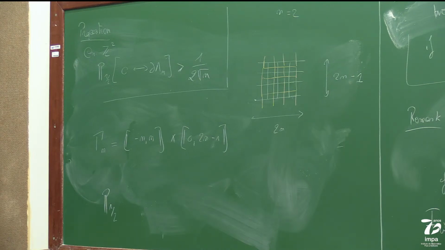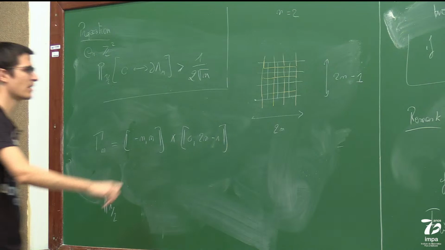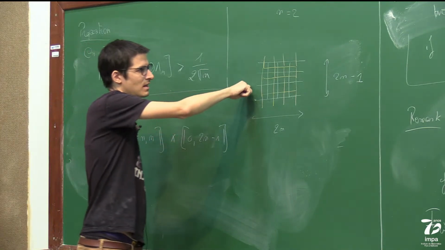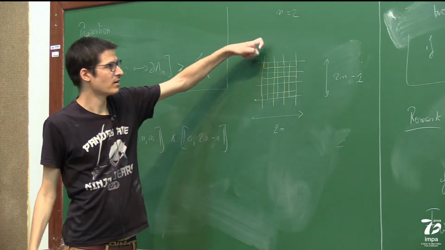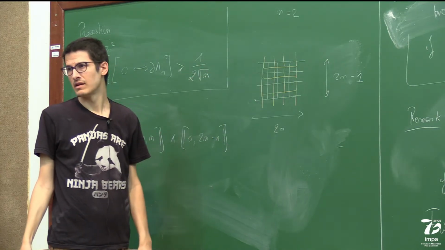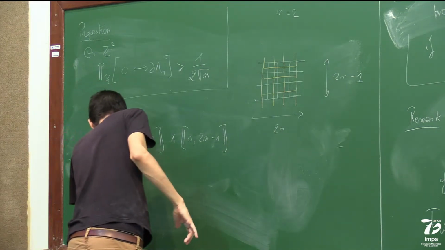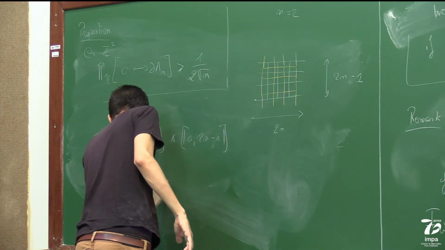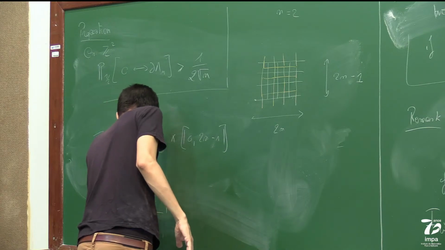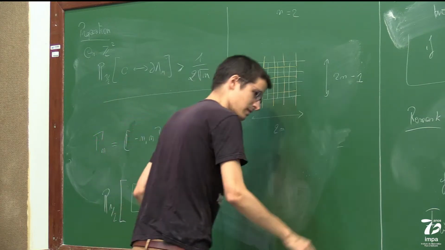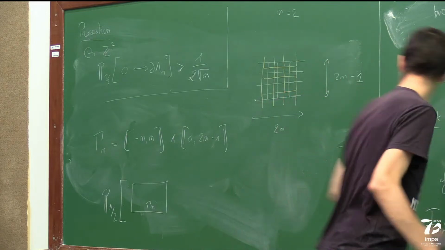Because either you have a crossing from left to right in gamma n, or you have a crossing from top to bottom in the dual. And because the two graphs are isomorphic, this probability must be the same. And because the sum of these two probabilities is equal to 1, each probability has to be equal to 1/2. So this is gamma n, and this is a left to right crossing.